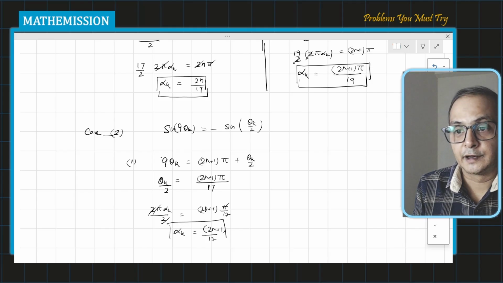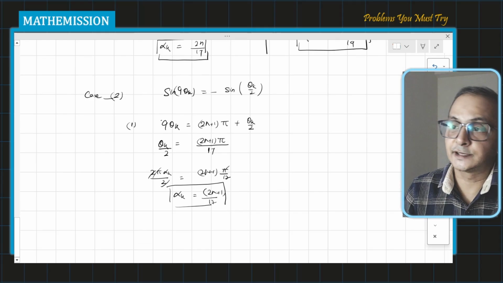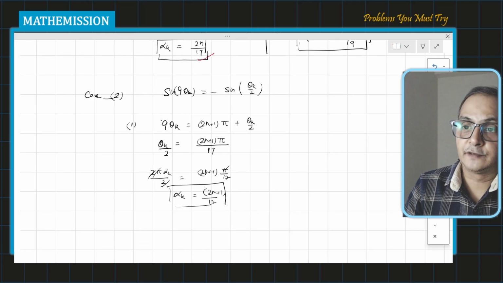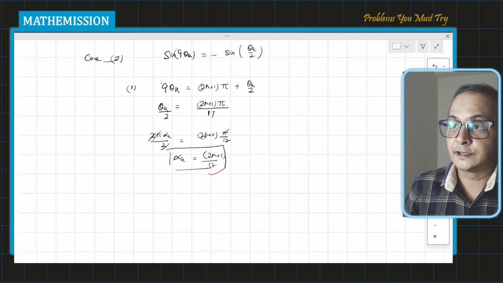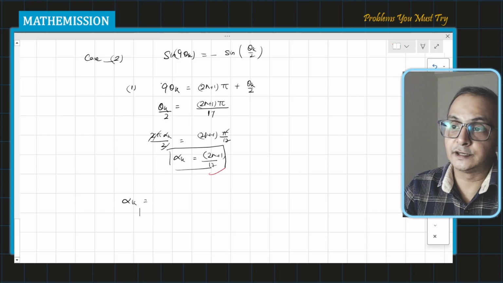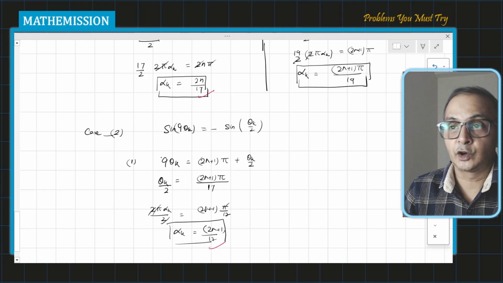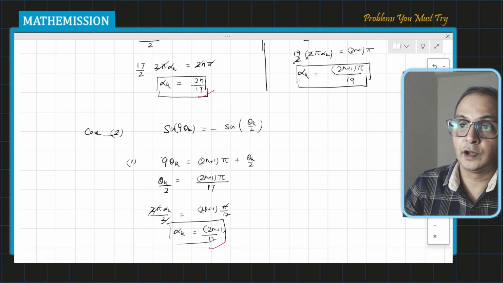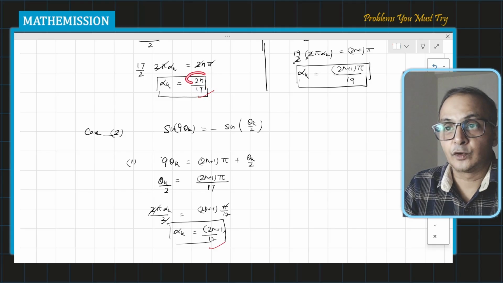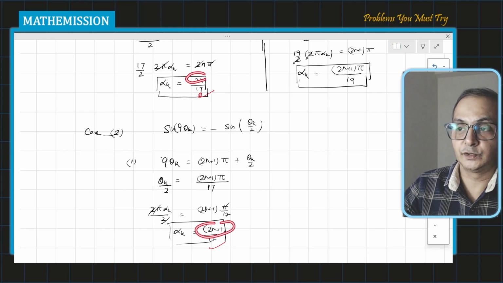so alpha k is equal to 2n plus 1 by 17. Now you notice that combining this alpha k, which has the denominator 17, these two values, I'm getting one case in which alpha k is all the positive integers times 1 by 17, because when you put n equal to 1 and 2 and all these integers for n, this will give you even numbers by 17, and these are giving odd numbers by 17.